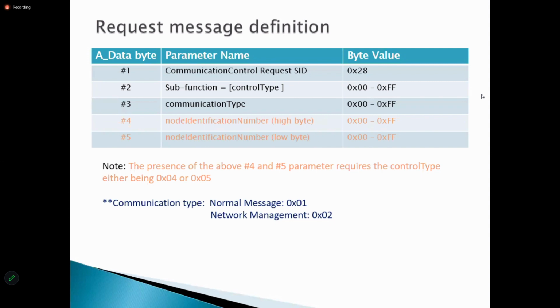So regarding communication type, in the CAN network there are two types of communication messages. One is normal messages, like vehicle speed and engine speed information. Another is network management messages, like when CAN will go into sleep mode or wake up mode. Those are called network management messages.